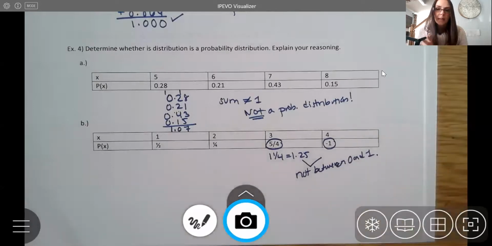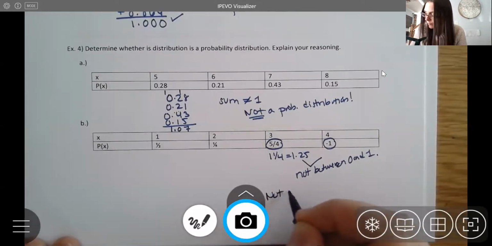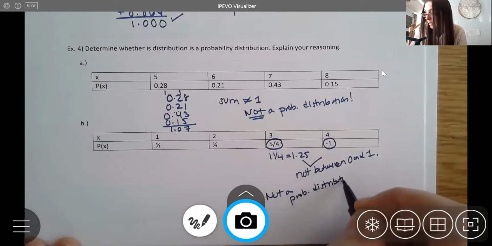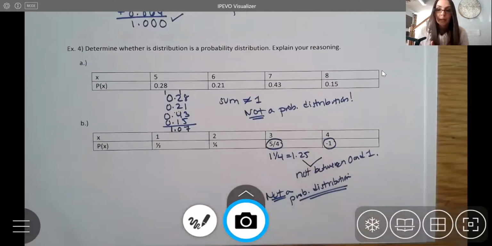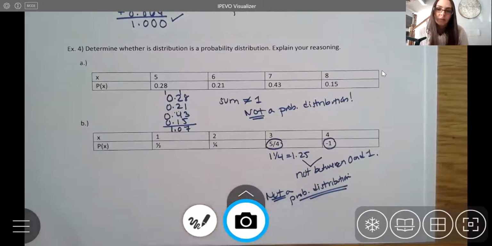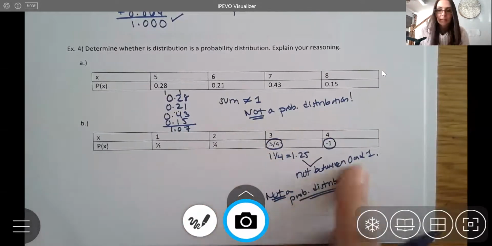These are bad, and they make it not a probability distribution. These aren't even probabilities. So beyond not being a probability distribution, these are not even probabilities. They have to be between 0 and 1. Now, fractions are okay. I know we don't use them too often, but fractions are fine as long as they meet these other requirements.